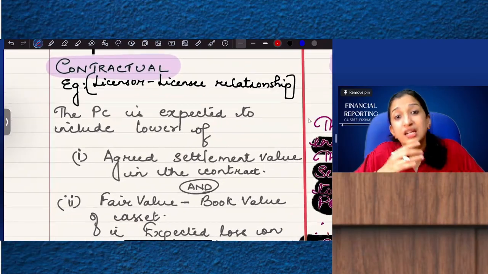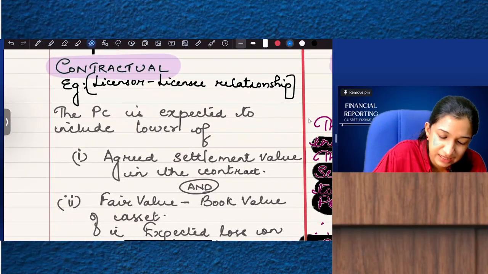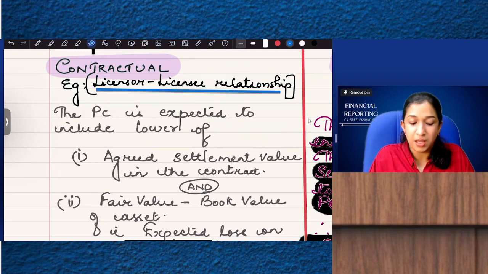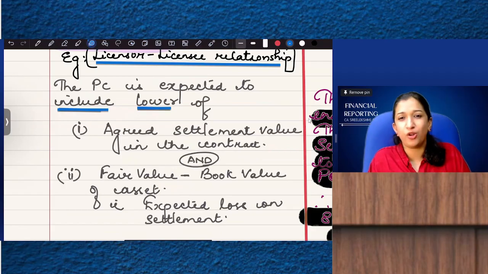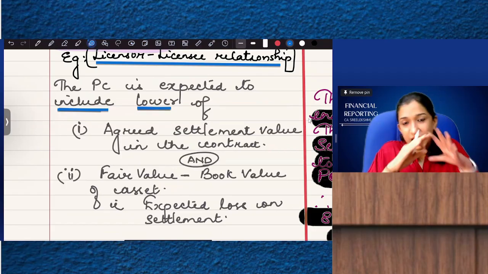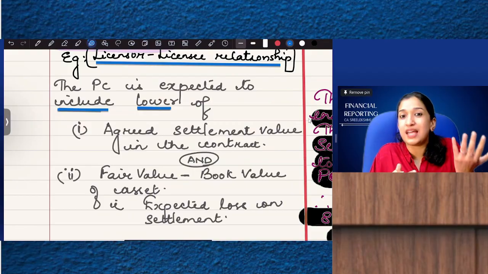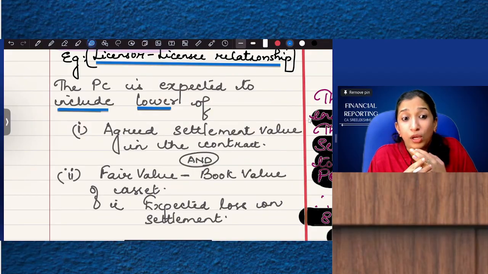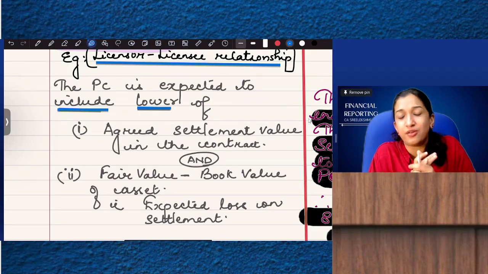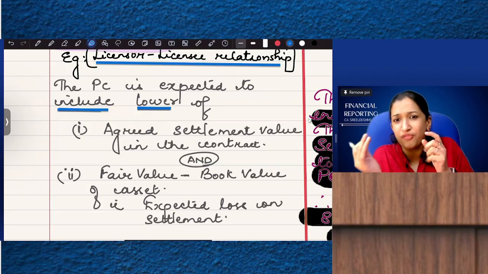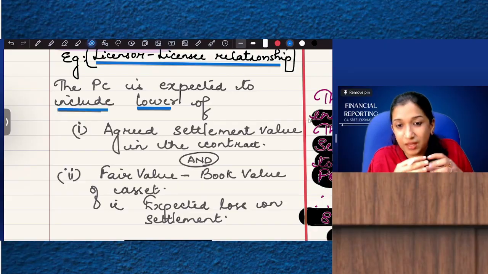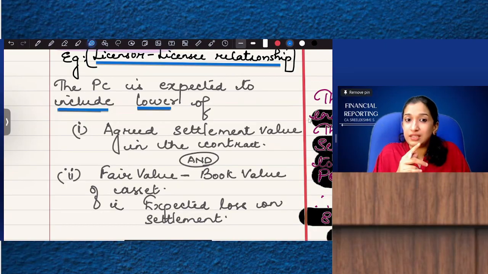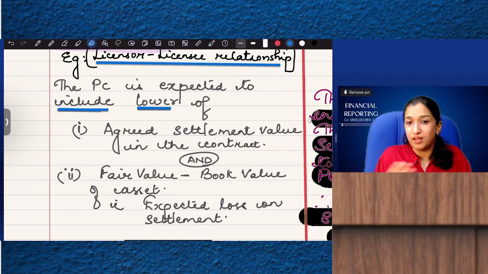If there was a contractual relationship, that is a licensee relationship, PC is expected to include the lower of what? If there is a contract between this acquirer and acquiree before, and that license relationship were to be terminated, what is the settlement value to be given?